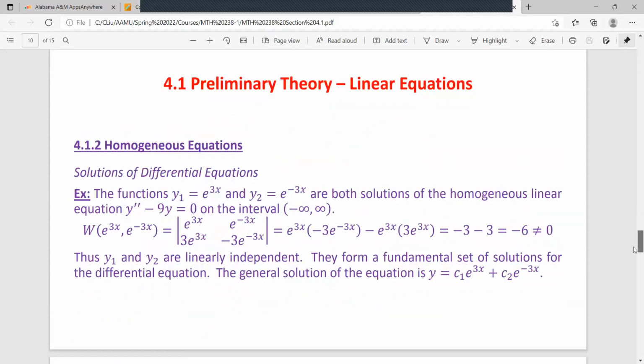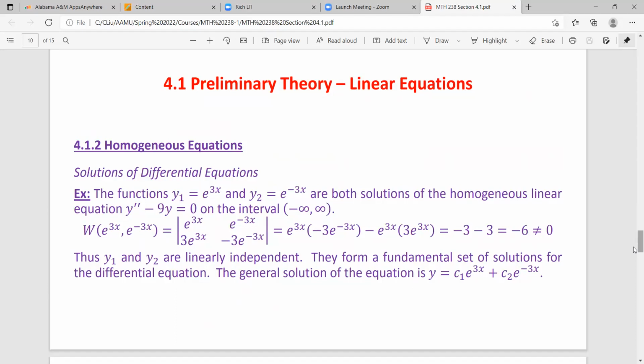And one example we did last time, again, let's just review it. So we have a homogeneous linear differential equation y double prime minus 9y equal to 0, and we know two solutions, y1 equals e to 3x and y2 equals e to negative 3x. Those are both solutions of the equation. If you plug in either y1 or y2 into the equation, it holds.